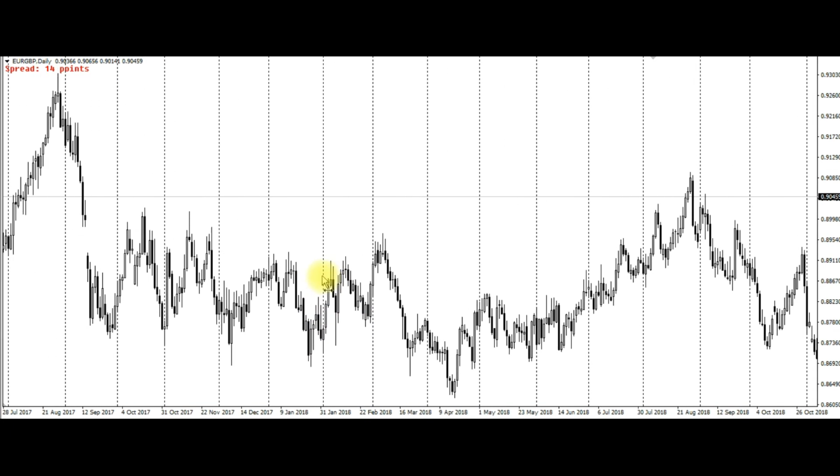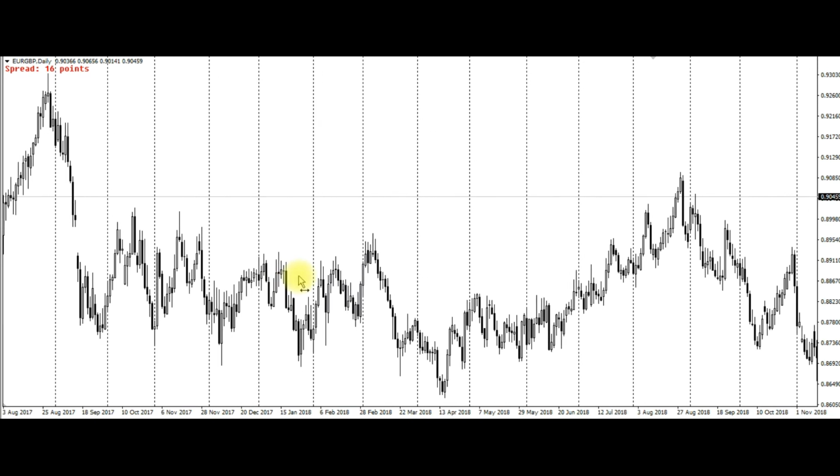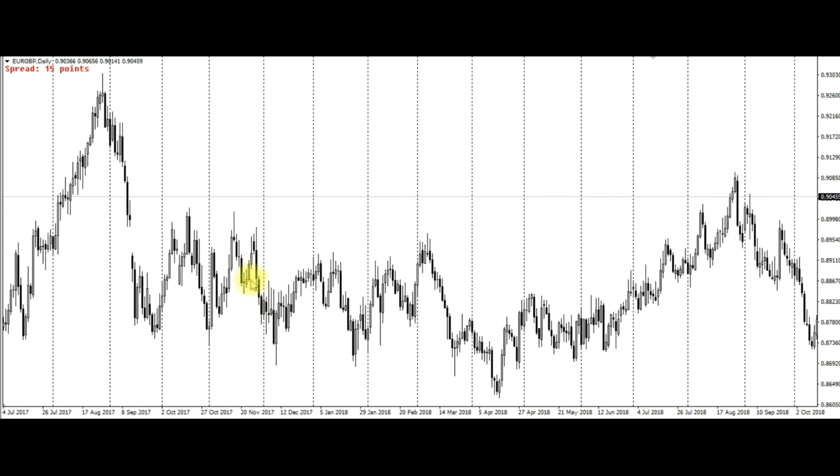Another example, let's see if you can find another example. All that you have to look for is a failed order block, a failed bullish order block. There was one here. We expected that when price got to this section, there would be a buy from this range to that range.